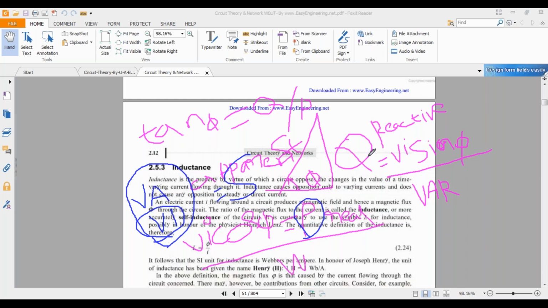Now, what is the significance of the reactive power? Reactive power is the power that is going to be carrying the active power from point 1 to point 2. Or simply saying, the reactive power is a carrier that carries the real power P between 2 points.